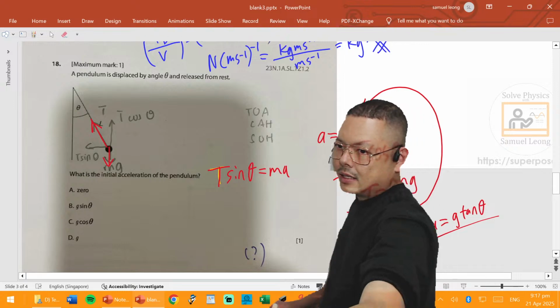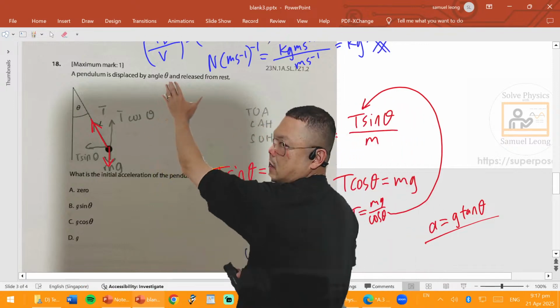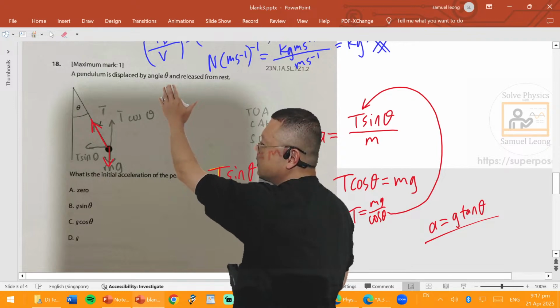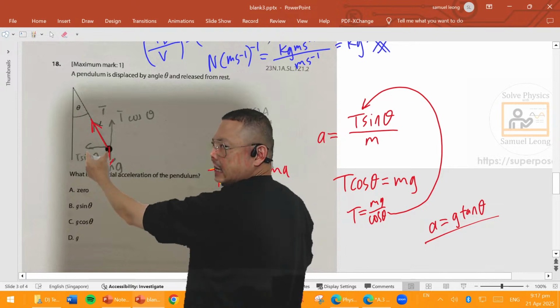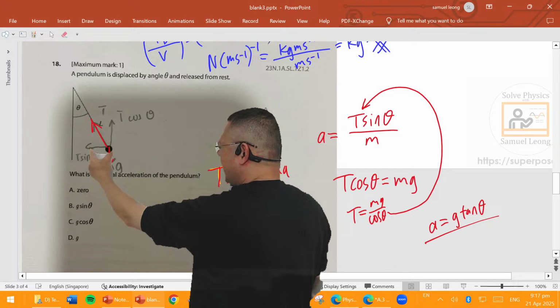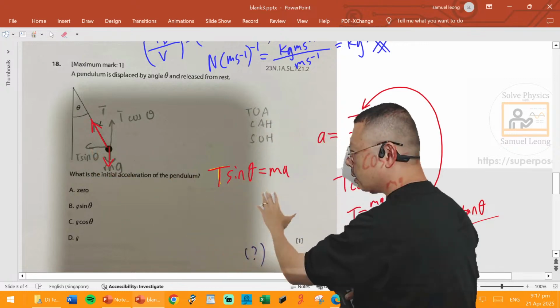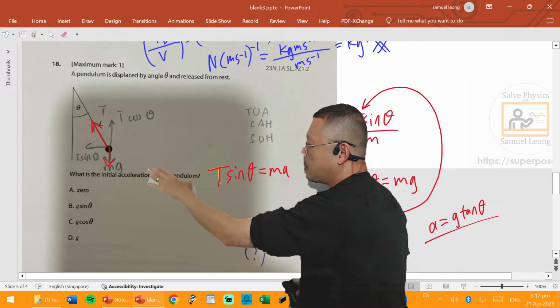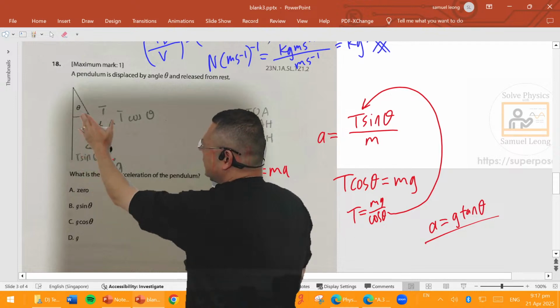Later on in C1 SHM, when you do pendulum simple harmonic motion, you're supposed to approximate that T sine theta is your resultant force. And therefore, you should be able to find the acceleration from the T sine theta, which is what I did as well. But in order for you to approximate SHM, the theta must be small.